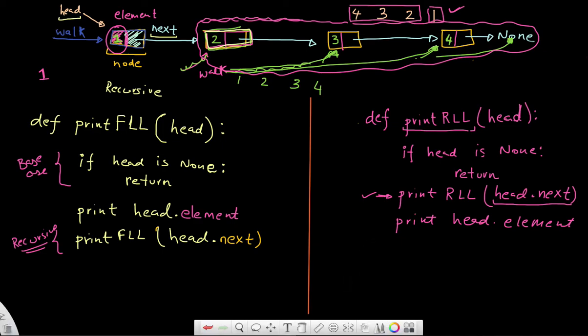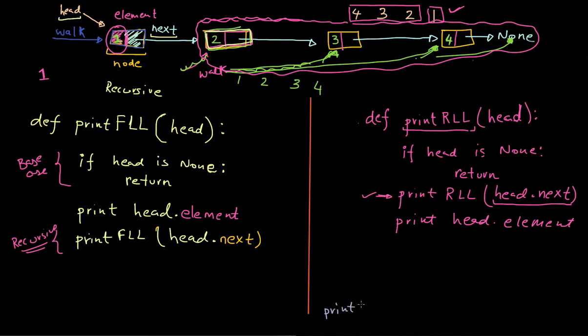Let me draw my stack trace for you, just so that we are consistent with the debugging of the code here. When I call print RLL the very first time, that's the first item on my stack trace. If you're not familiar with what a stack trace is, I highly recommend that you watch my video related to the first midterm exam using PyCharm.